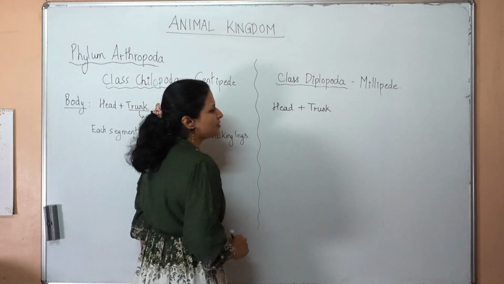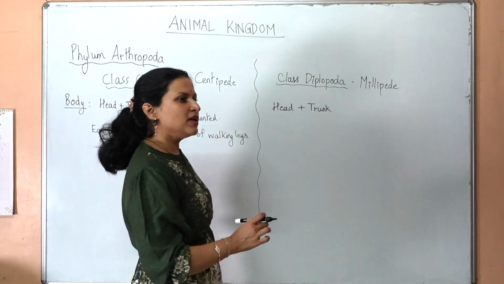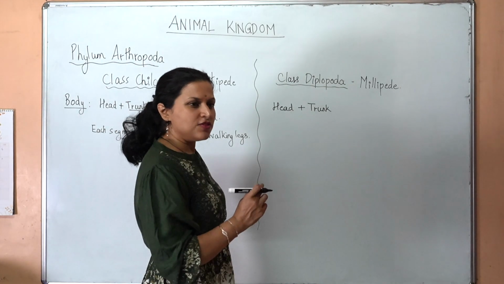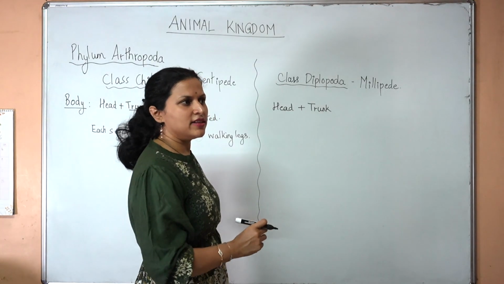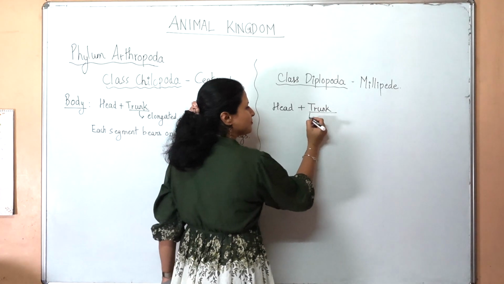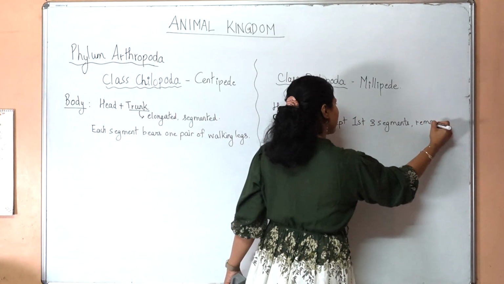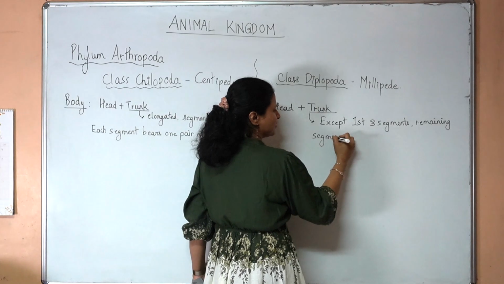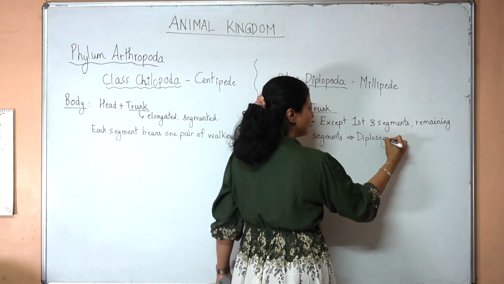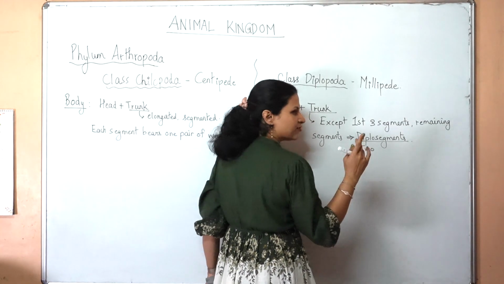However, in millipedes, leaving out the first three segments of the trunk, the remaining segments are fused together in such a manner that two segments together form one segment. In the trunk, except the first three segments, the remaining segments are said to be diplosegments. What are diplosegments? Two segments fused together to form one segment.